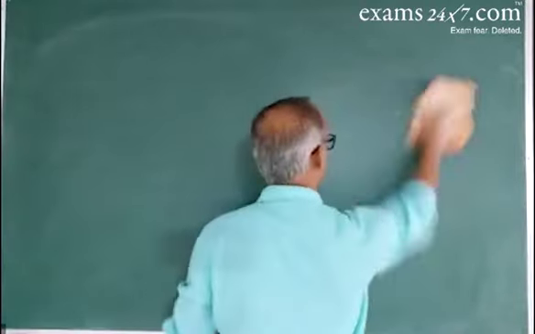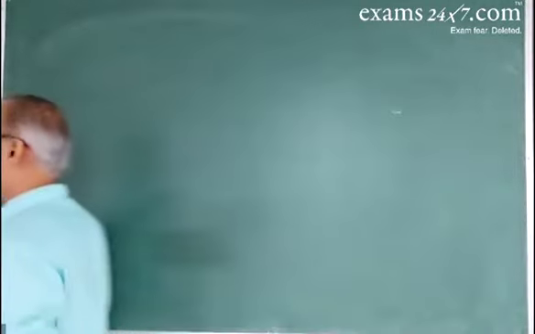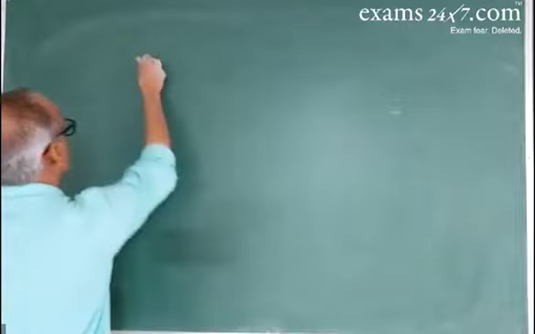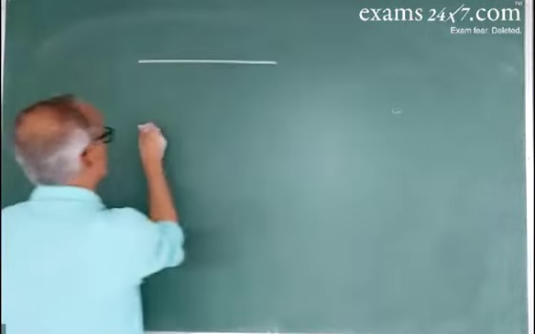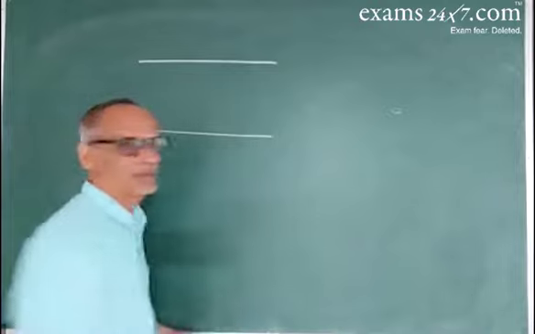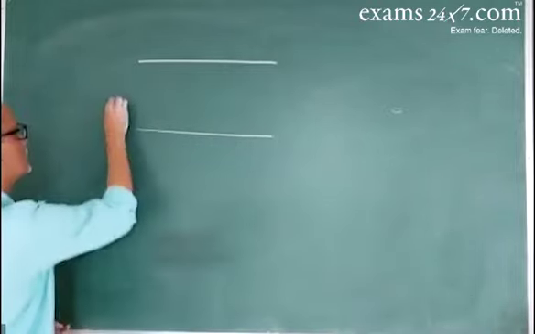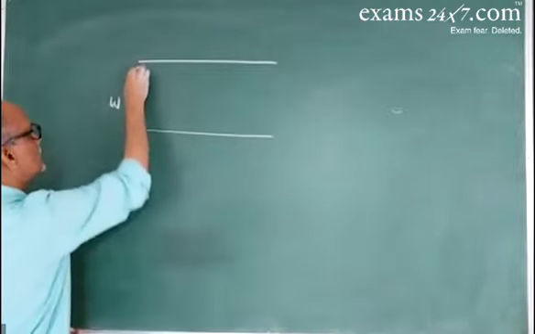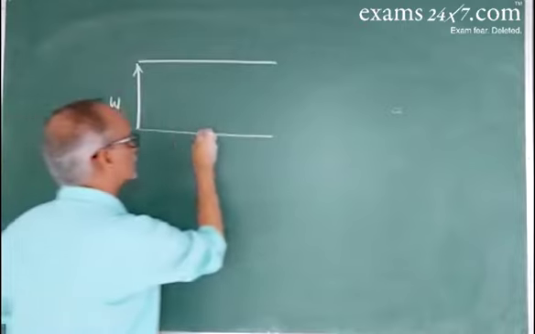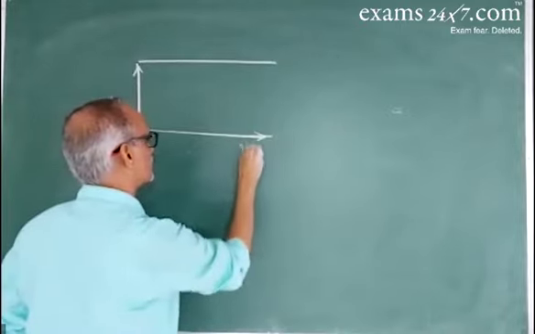So I'm going to explain one more special case where we have a river having width W. So this is the direction of the river, which is Vr.